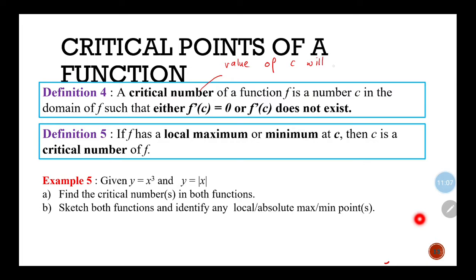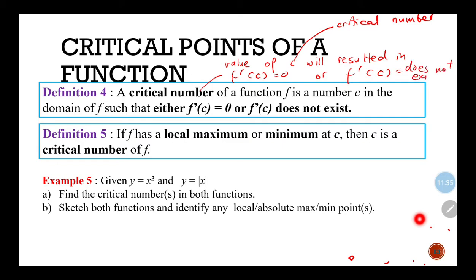The value of C will result in f prime C equal to 0 or f prime C does not exist. Okay, this is what it means by definition 4.